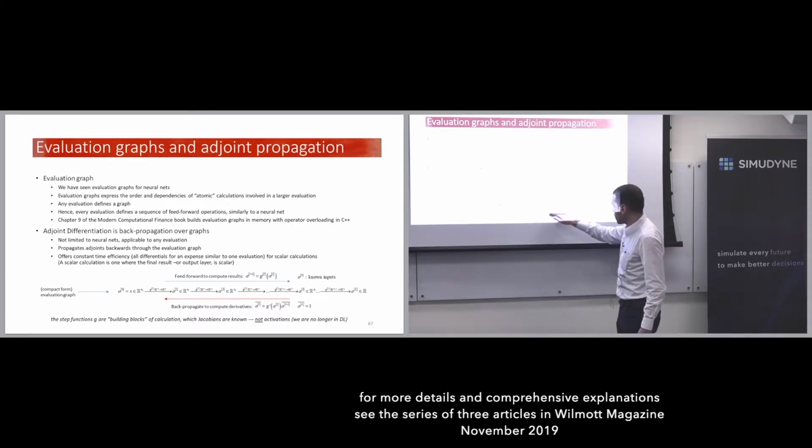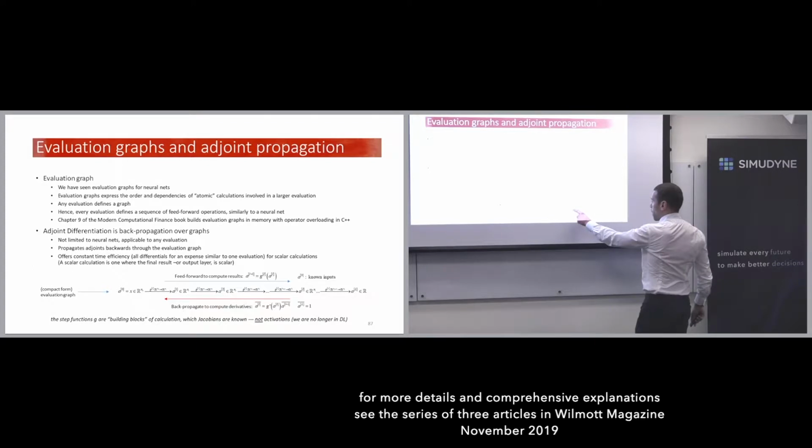And we have seen that the backpropagation equation is simply that the adjoint of A_L, the derivative of the final result to itself, is obviously 1. So we know the last one.